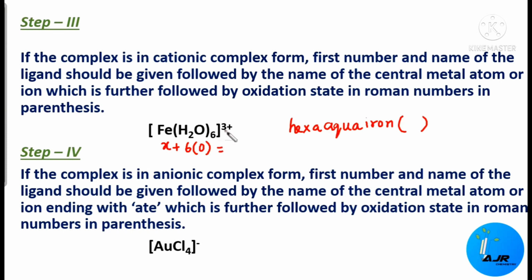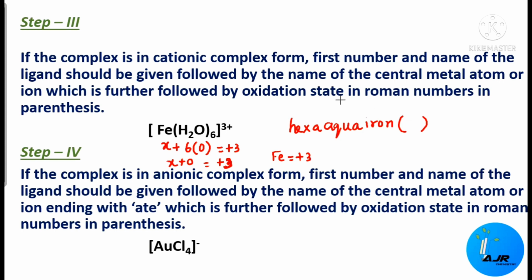What is the net charge on this coordination entity, the complex ion? It's plus 3. So X plus 0 equals plus 3. So X is equal to plus 3. That means the oxidation state of Fe is plus 3.